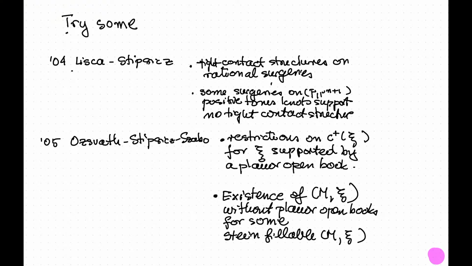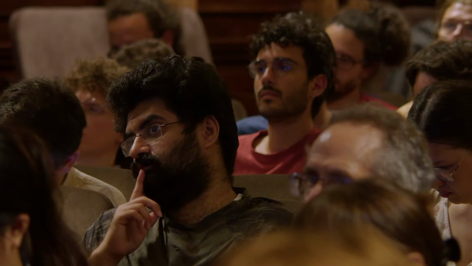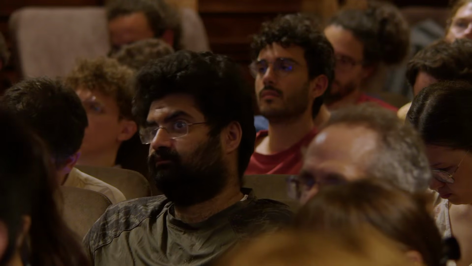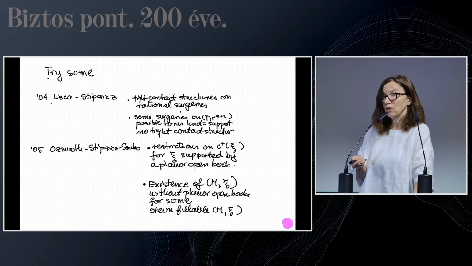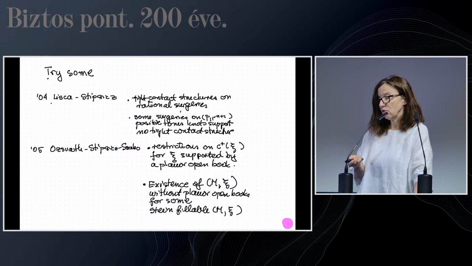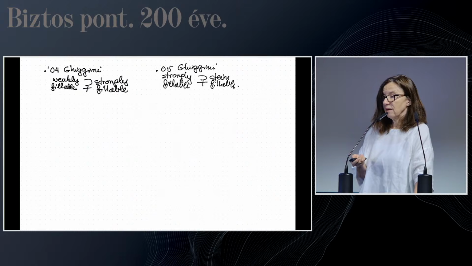There's a lot of simple links of singularities that support such open books, but there's a proof by Ozsvath, Stipsicz, and Szabo that there are manifolds without planar open books. To these days, we still don't know whether there are any manifolds that require genus bigger than one open book. So some interesting questions there still.